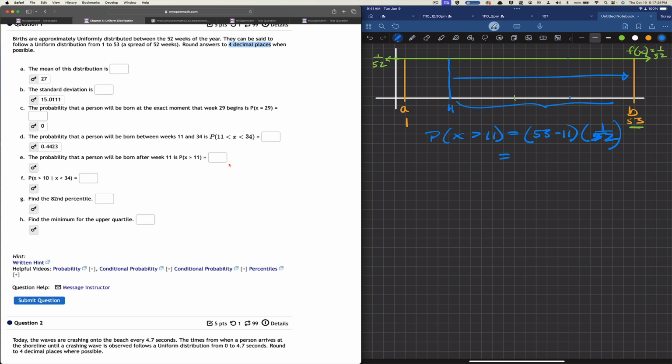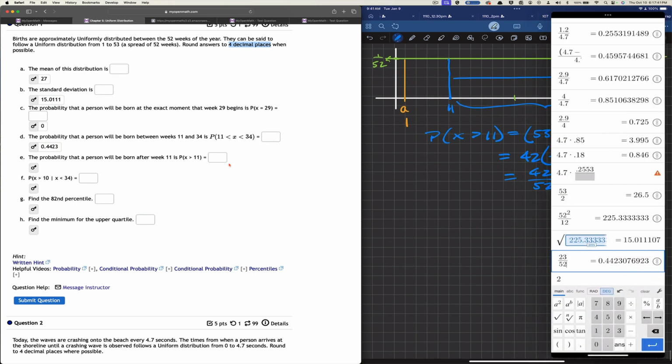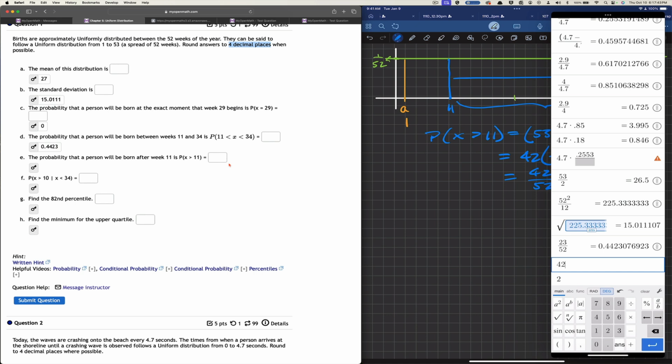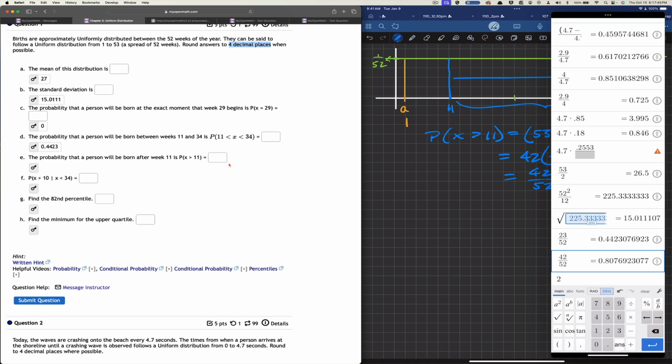So that's going to be 53 minus 11 is 42 times 1 over 52, which is 42 over 52. And so that's like 81% maybe. 80.769, which rounds to 80.77, so 0.8077.